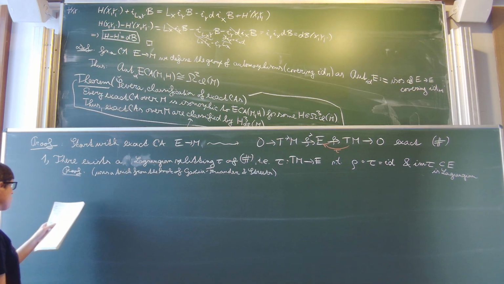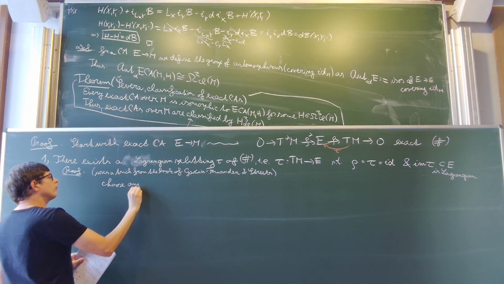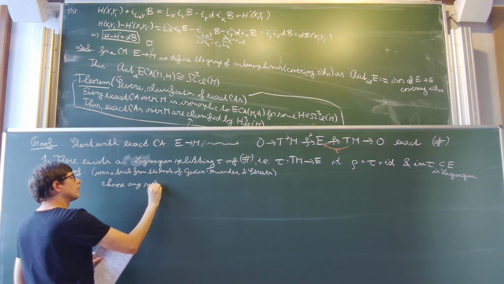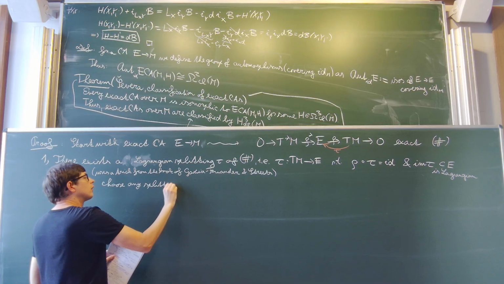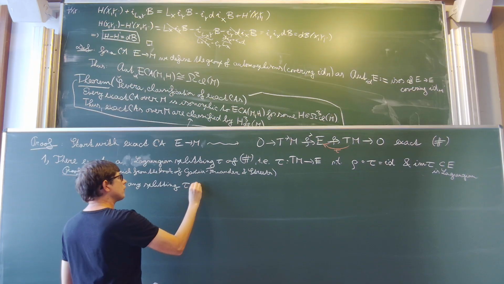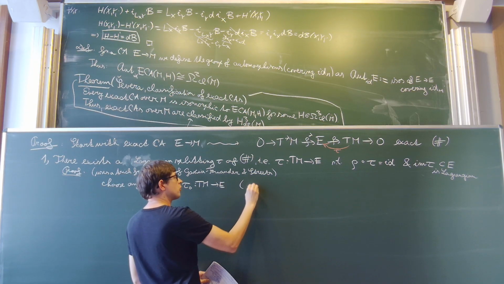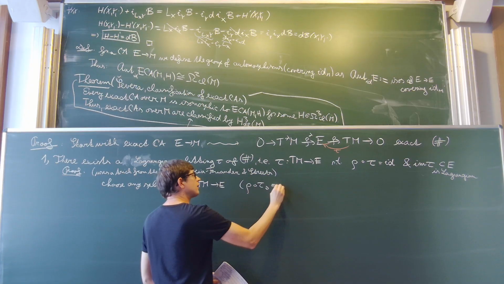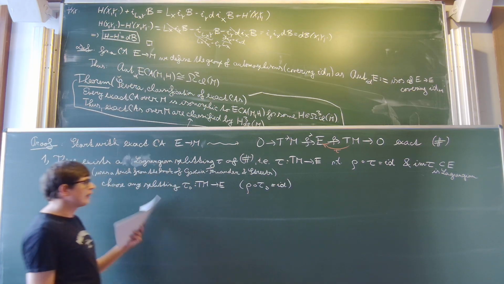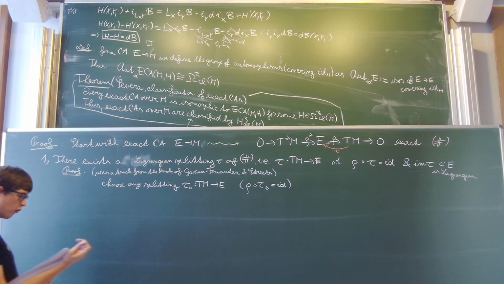And the trick goes as follows. So choose any splitting, not Lagrangian, just any splitting, tau 0. Okay, so I want that rho after tau 0 is identity. And now I will modify and claim that there is like a canonical, an explicit formula.